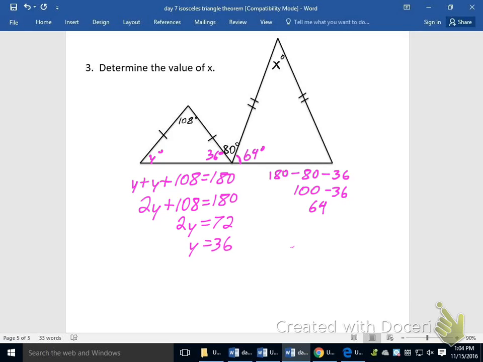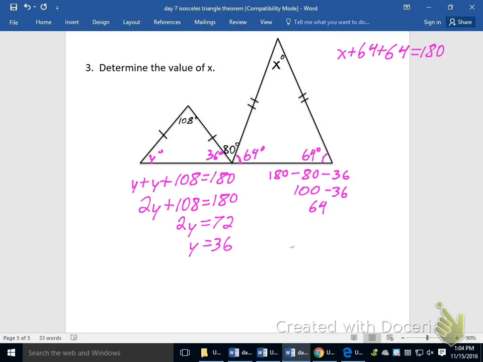What I'm going to do now is this is another isosceles triangle over here, so I'm going to use isosceles triangle theorem yet again to know that the base angle on the right is also 64 degrees. And now I can set my problem up as such. I'll do x plus 64 plus 64 equals 180.